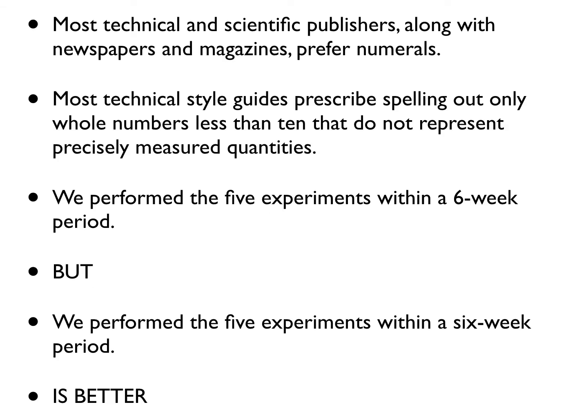Most technical and scientific publishers, along with newspapers and magazines, prefer numerals. Most technical style guides prescribe spelling out only whole numbers less than 10 that do not represent precisely measured quantities. So think about that for a second. That would be 0 to 9, but when it is not a precisely measured quantity.